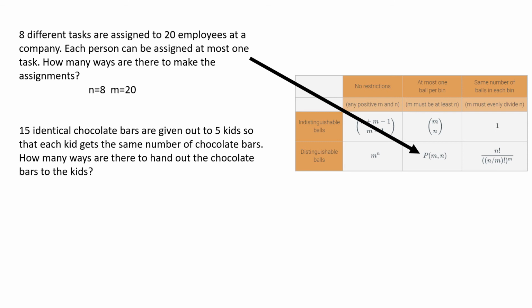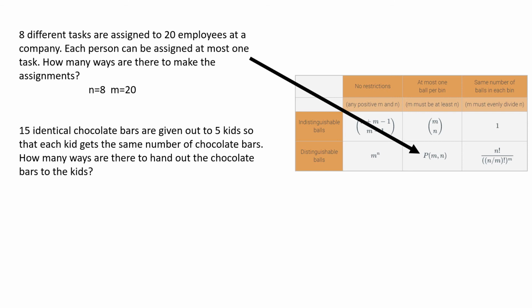Each kid gets the same number. So if there's 5 kids and we need to distribute 15 chocolate bars, we'll give 3 to each kid, right?